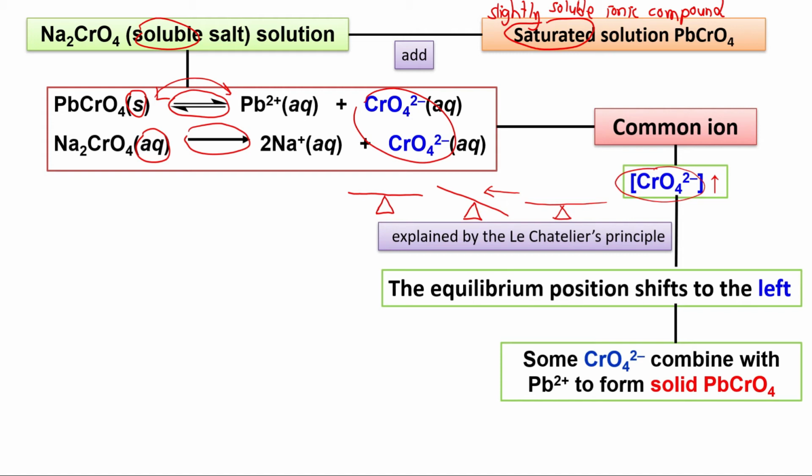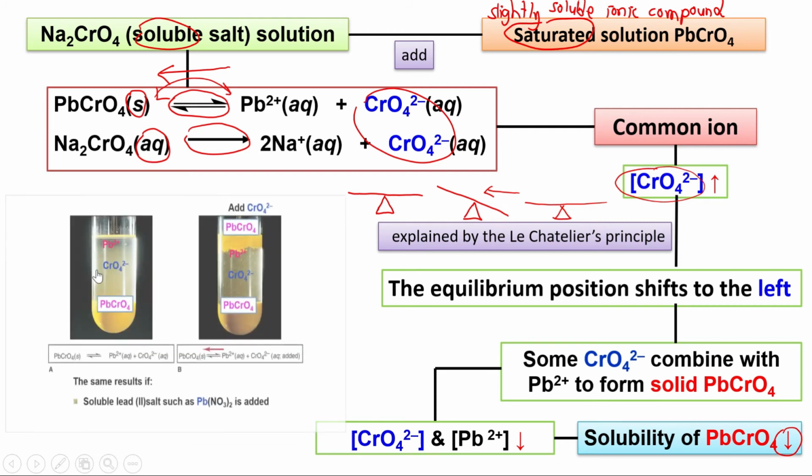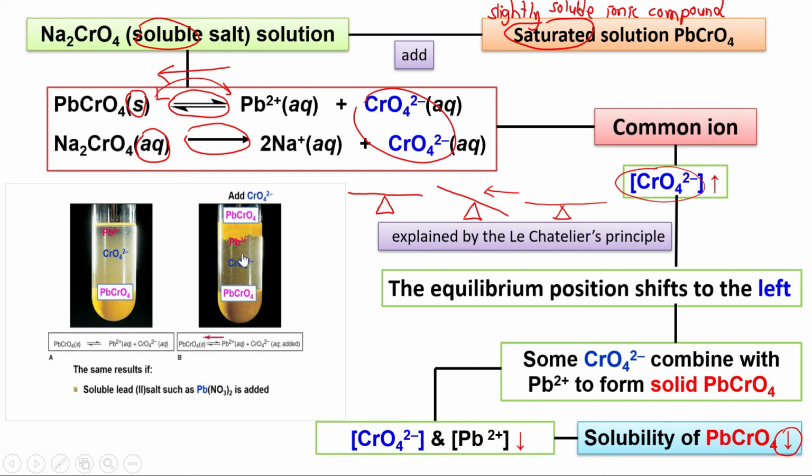That means we use the chromate ion combined with Pb2 plus ion, producing more plumbum chromate solid. Therefore, the concentration of chromate ion and plumbum 2 plus decreases, and solubility decreases, because we are forming more solute.